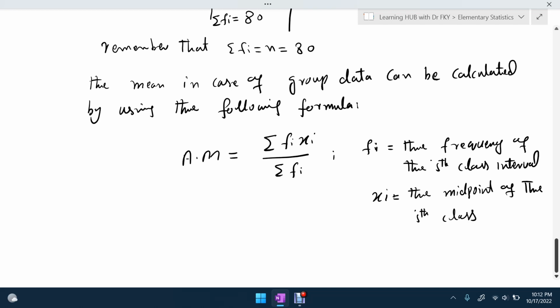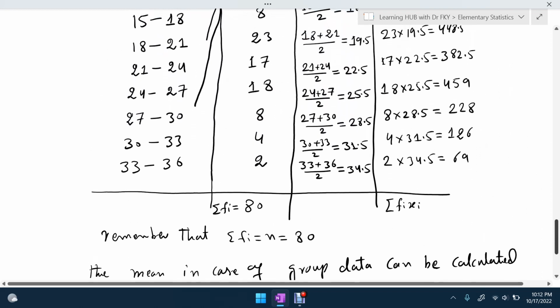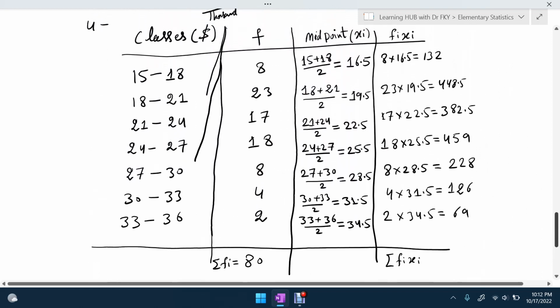Okay, so now you have this value and you can calculate this value from the above table. Just sum the last column, and this will give you summation fi xi.